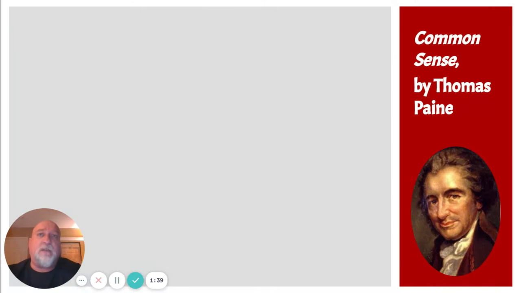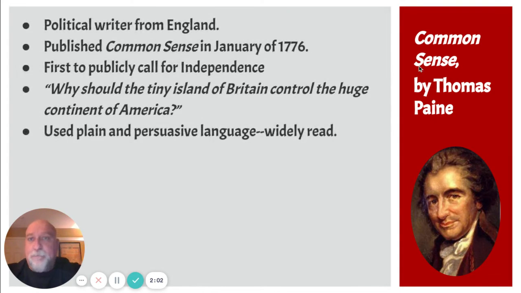He really thought that the Americans were on the right track as far as demanding their rights, but he wanted them to go a bit further. So far in the Revolution, the Americans have only been demanding their rights as Englishmen. No one had really mentioned the word independence publicly. Paine is going to change that.